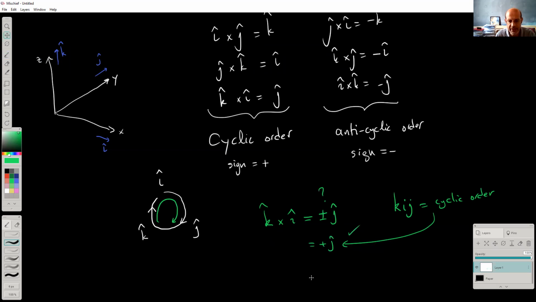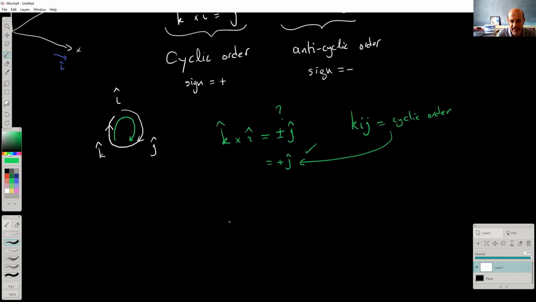So what happens if the order is anti-cyclic? So let's say start with J cross I, for example. I know that this is anti-cyclic, but let's continue with this. I know that this is either plus or minus K, but I would like to determine the sign. So I just write J, I, and K. So what I do is this. So let me then erase this picture in here, right?